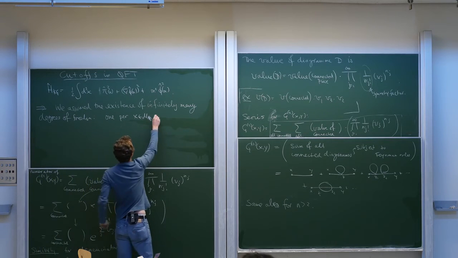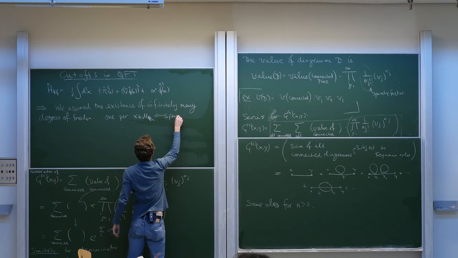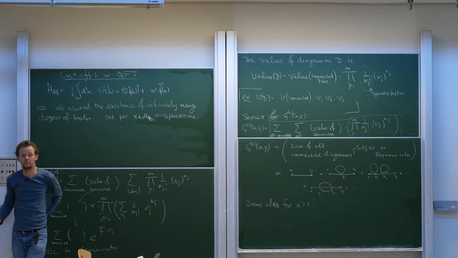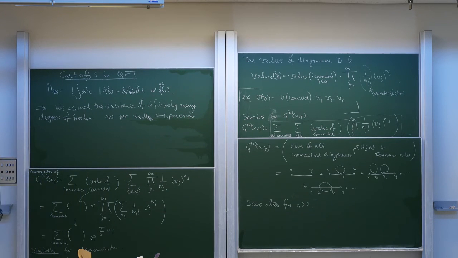So M4 is just space-time. Now, I asked you this question earlier in the lecture: what evidence do we have that there really is a quantum degree of freedom at every point in space-time? Not a lot.